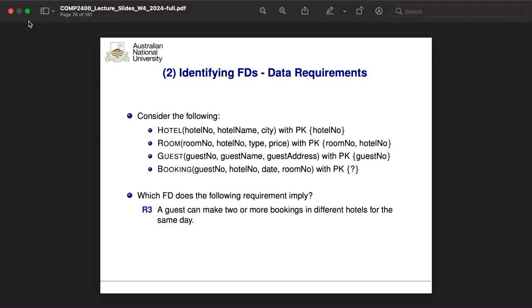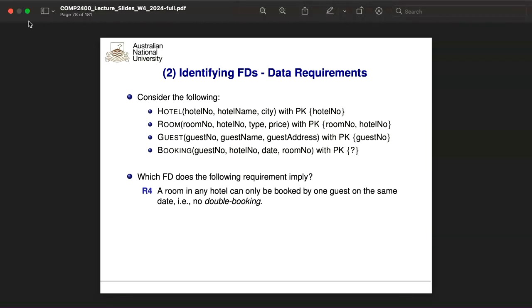Any functional dependency we can get from this requirement? It's difficult, right? Yeah, someone shook her head.